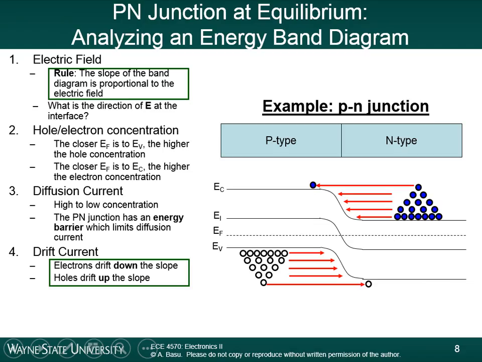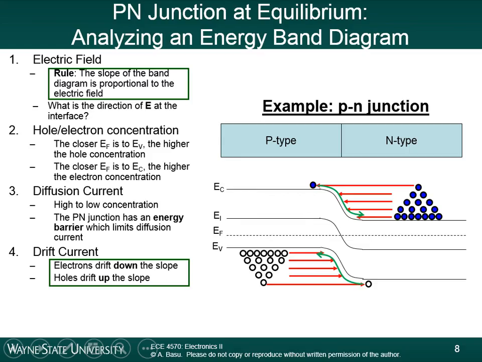Now, there's also drift current. Electrons like to drift down the slope, as I just mentioned, from higher energy states to lower energy states, and holes will drift up the slope. So the holes go this way, the electrons go this way. You can see the arrow there.